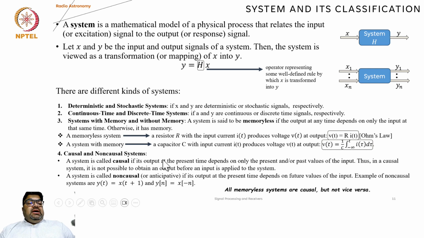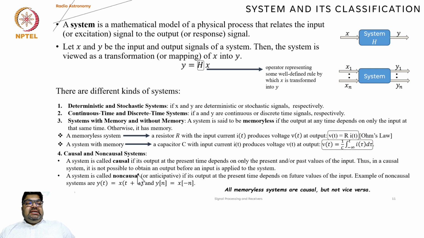So let's see what a memoryless system looks like. For example, Ohm's law, where the voltage, which is the output, is proportional to the input current and linked with the system of the resistance.